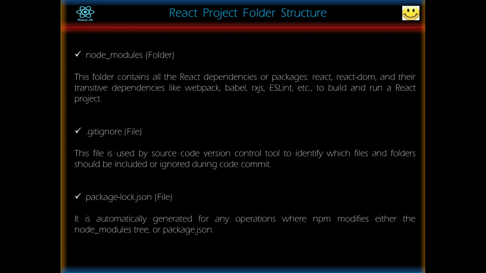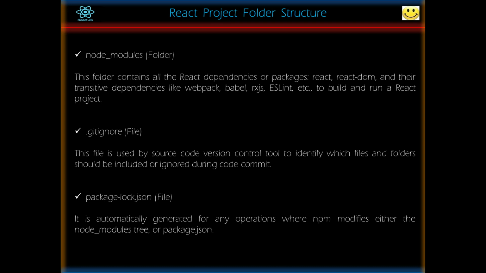Node_modules folder. This folder contains all the React dependencies or packages, React, React-DOM, and the transitive dependencies like Webpack, Babel, RxJS, ESLint, etc. to build and run a React project.